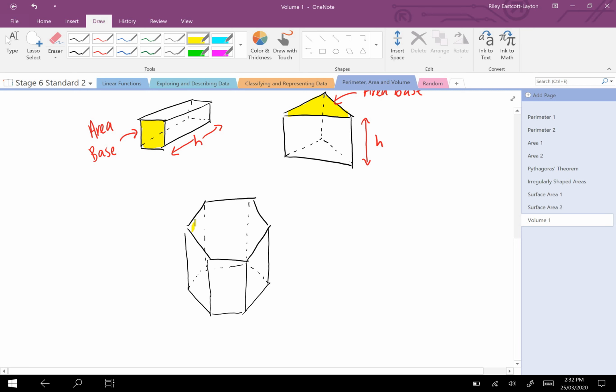We would have the area of its base. Actually, I might mix it up this time. I might do the bottom. So the area of the base, again times by the height.